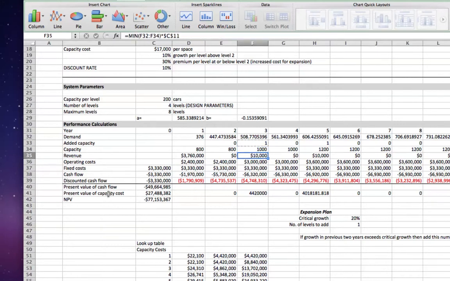Now the costs, we have the present value of the costs. Present value of these added levels, right?